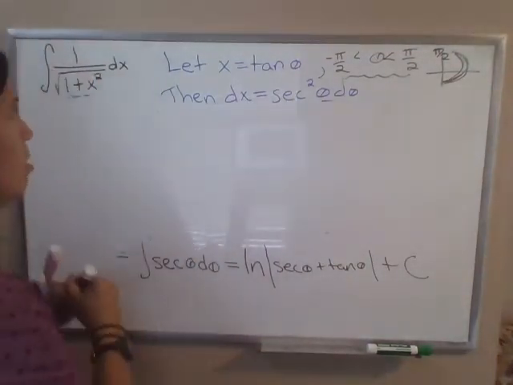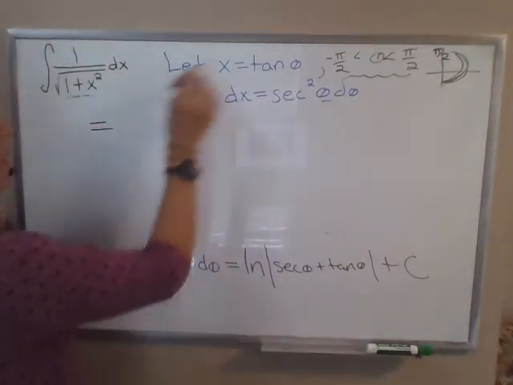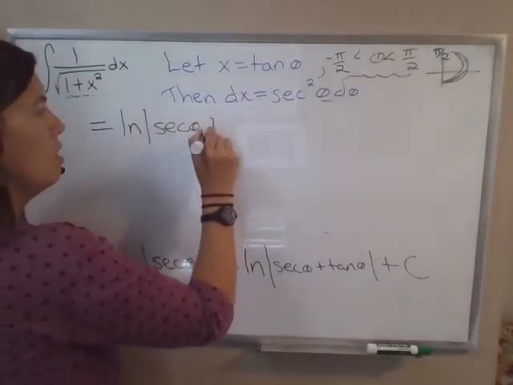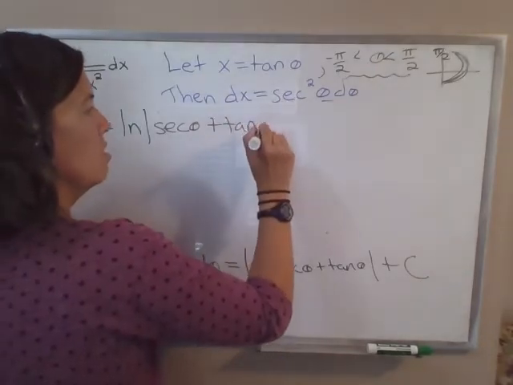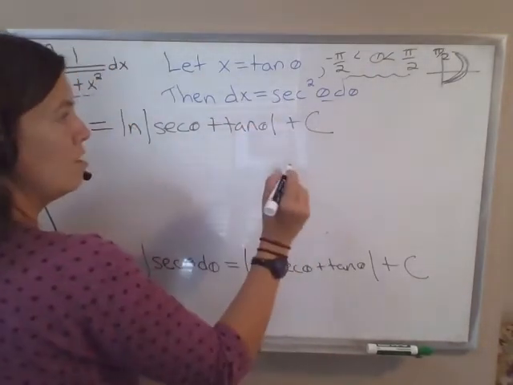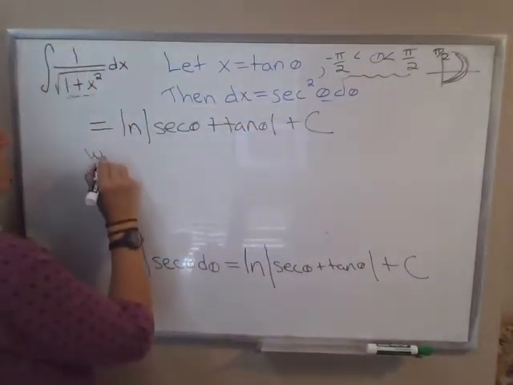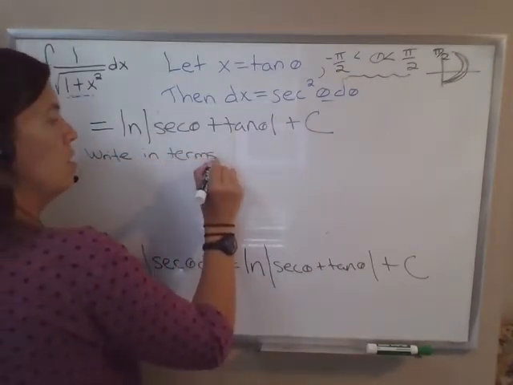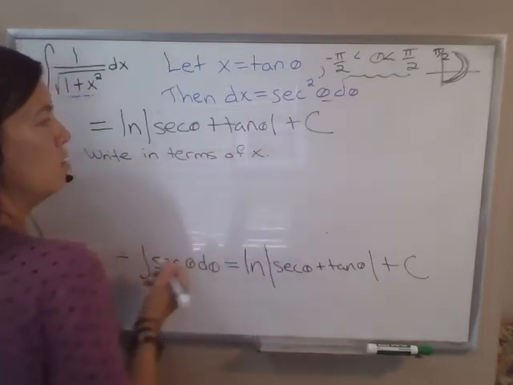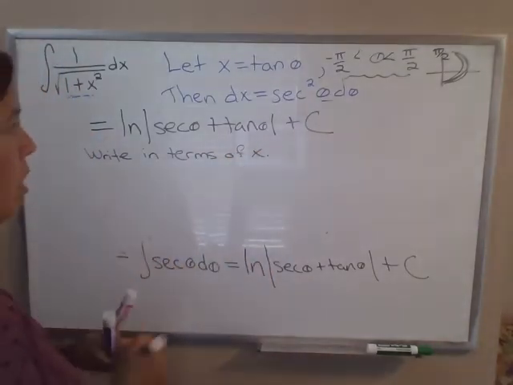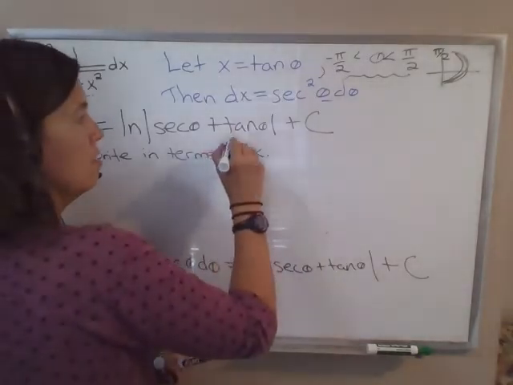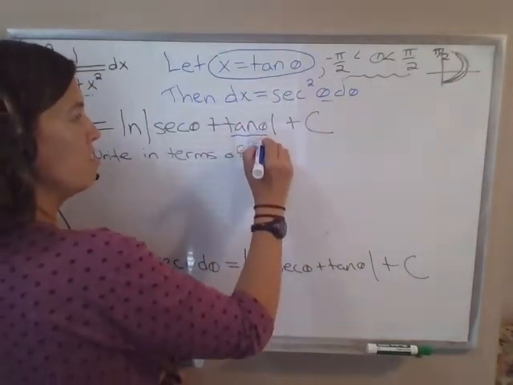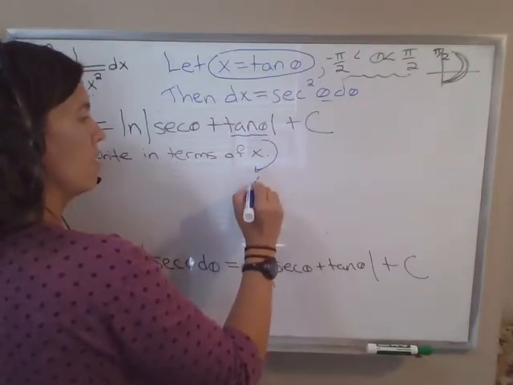Okay. So we worked on this integral, we applied this substitution, we got this antiderivative, natural log of secant theta plus tangent theta plus c. Now we need to write our answer in terms of x. Well, tangent theta is x, so that part's easy enough. We can replace this tangent theta right here, just call it x.